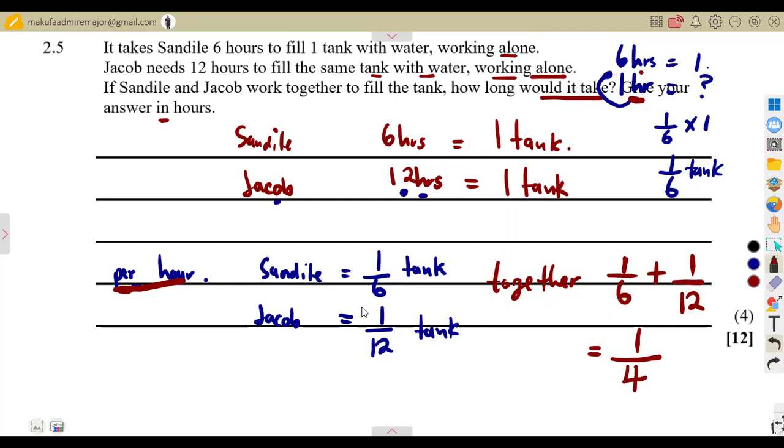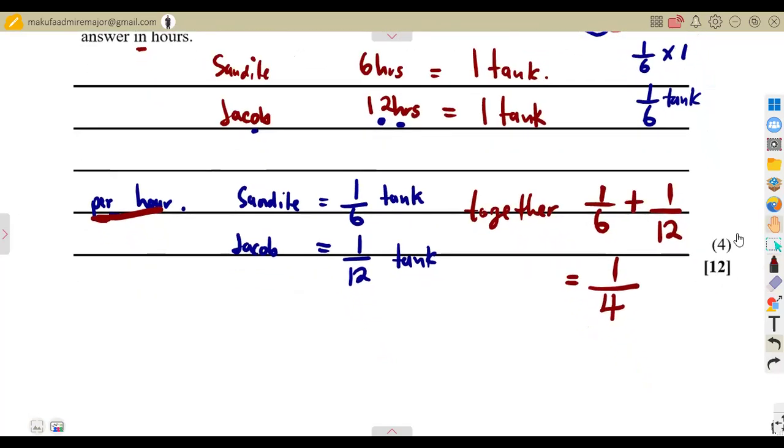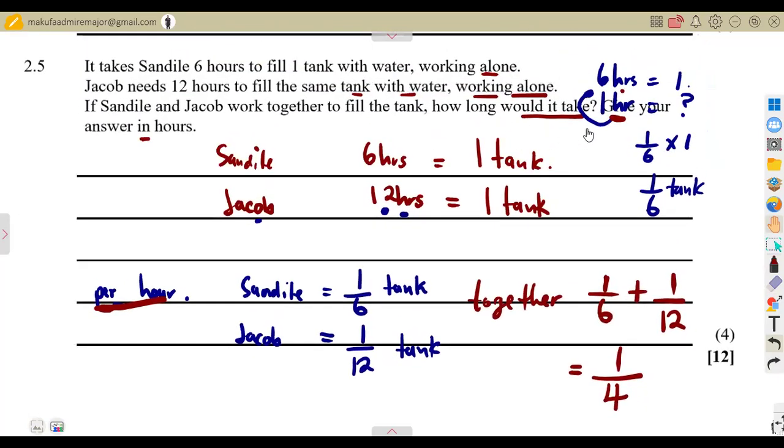Now I want you to understand what it means. This is when they are working together. Let us consider our question. We need, when they are working together, how long it takes.